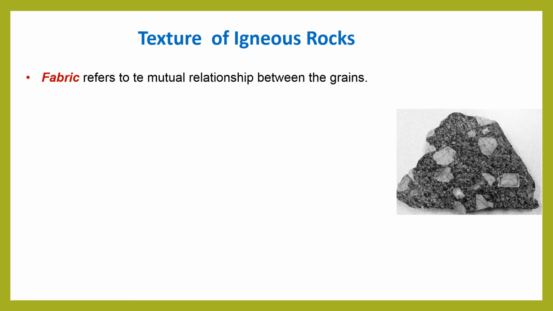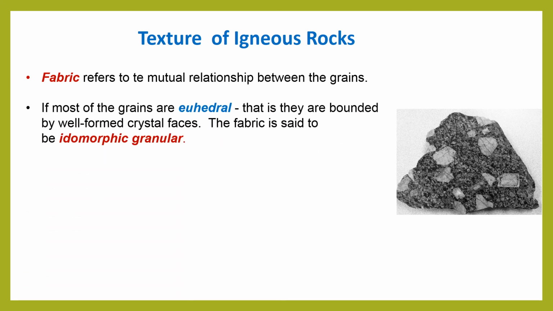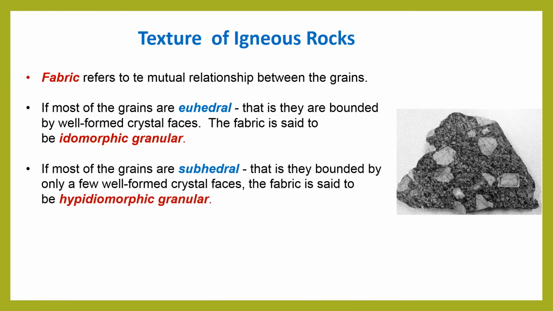As you see from this figure on the right here, we will now learn about the fabric. Fabric is just the mutual relationship between the grains, bigger grains and smaller grains. If most of the grains are euhedral, meaning they have a complete crystal form and are bounded by well-formed crystal faces, we call this fabric idiomorphic granular.